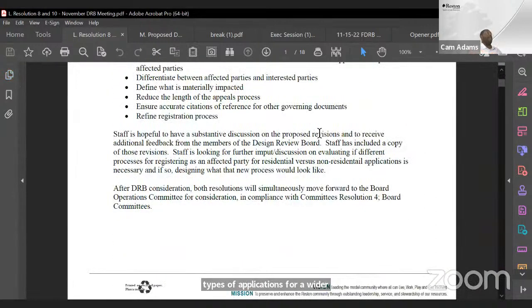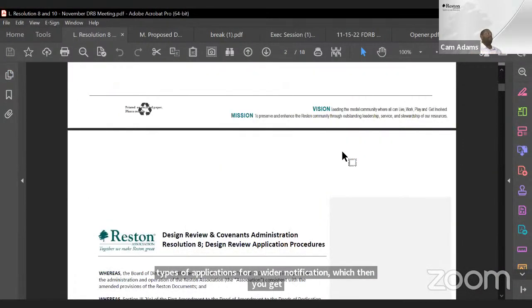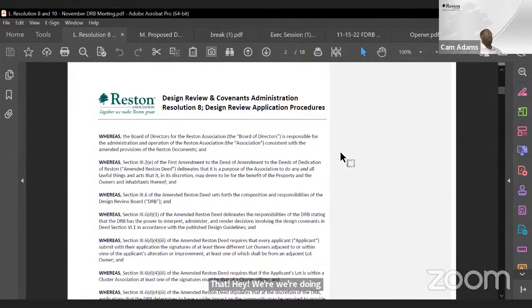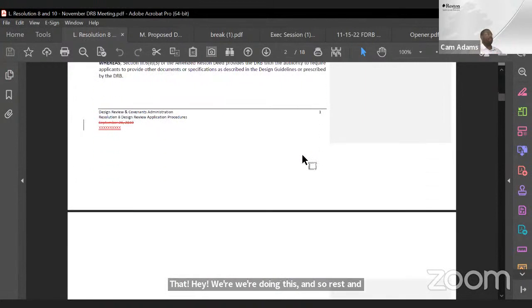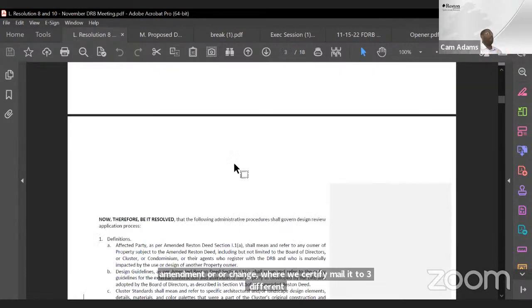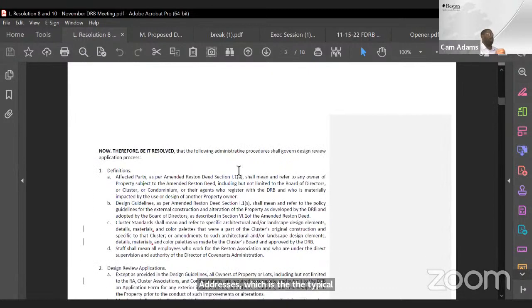Reston Association does it for all or most of our applications in which we're doing something that has to go through a comprehensive plan amendment or change, where we certify mail it to 3 different addresses, which is the typical requirement, and every homeowner can do that or get 3 signatures.